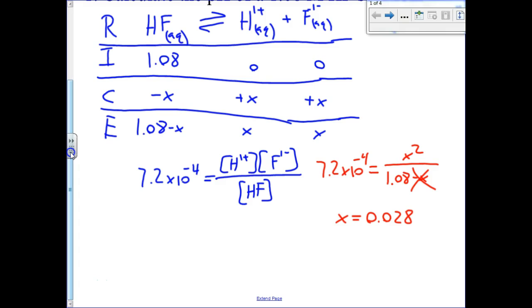So 0.028. So if you include that x, and you use solver like Drew just did, we got 0.028. If you get rid of that x, and you make it nice and easy, we get 0.028. It's a little off, sure. But it's statistically irrelevant.